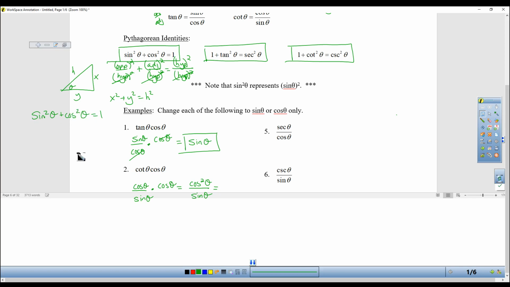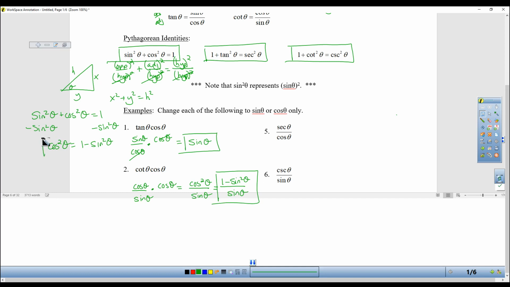This is the main one that you want to memorize. If I subtract sine squared from both sides, another way to think of this law is cosine squared theta is equal to 1 minus sine squared theta. So I can rewrite this as 1 minus sine squared theta over sine of theta. And now I made it into all sines.